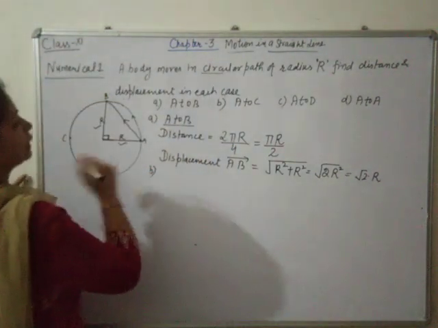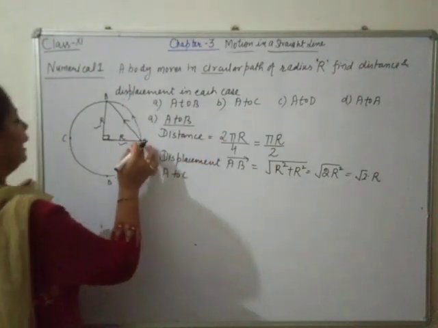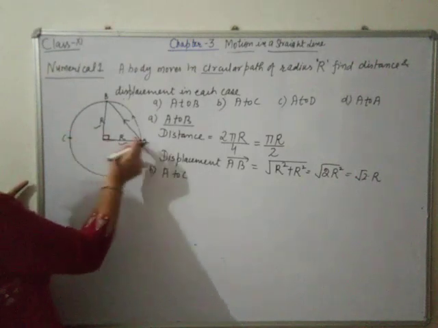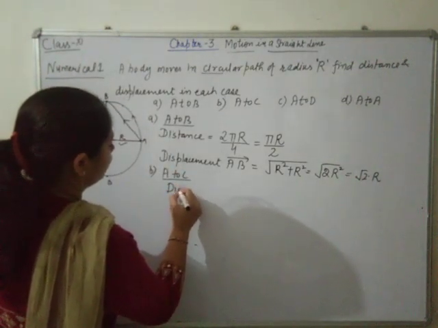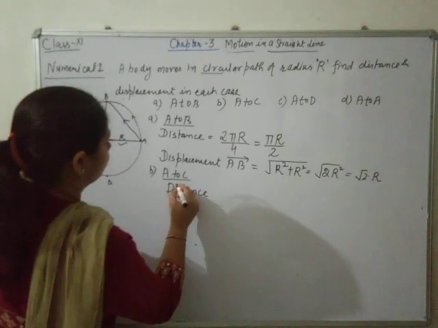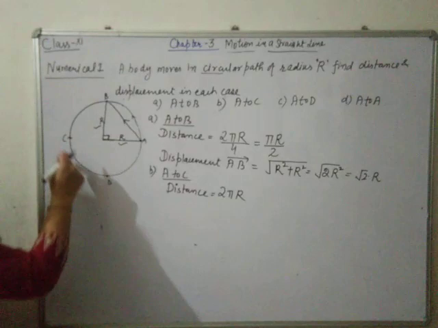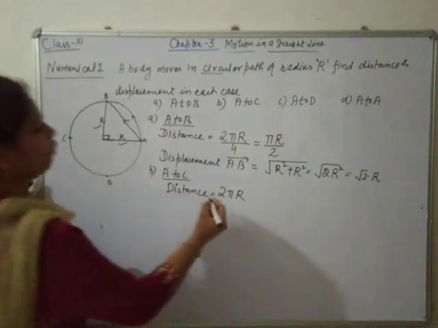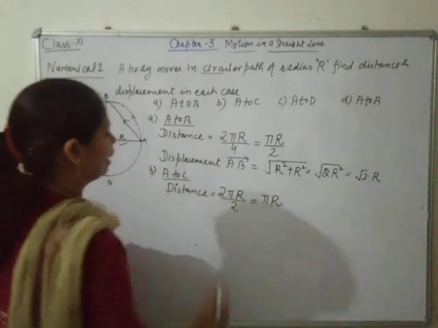For the second case, from A to C. A to C, the body has covered half the distance, half circle. So distance will be equal to 2 pi r, the circumference of the circle. During half of a circle, 2 pi r by 2, it will be equal to pi r.